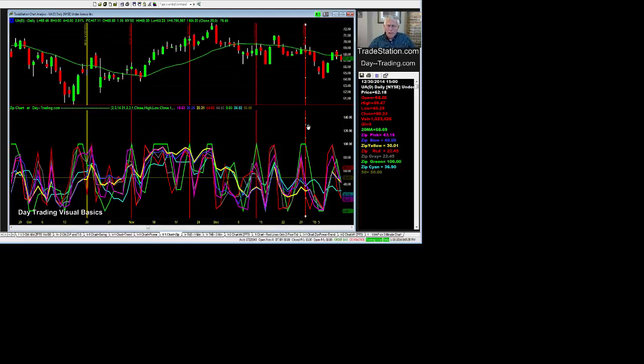I don't know what the reason is for sure, but I do know that when you get a zip green at 100 and you have a red candle, it has an impact. As you can see here, you got a nice 4 or 5 day drop in price after this happens.